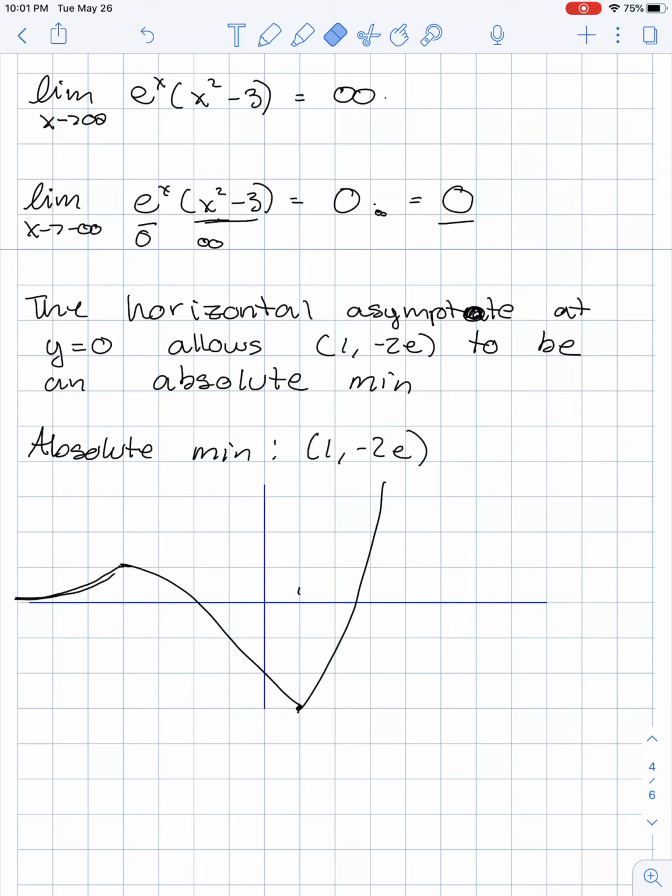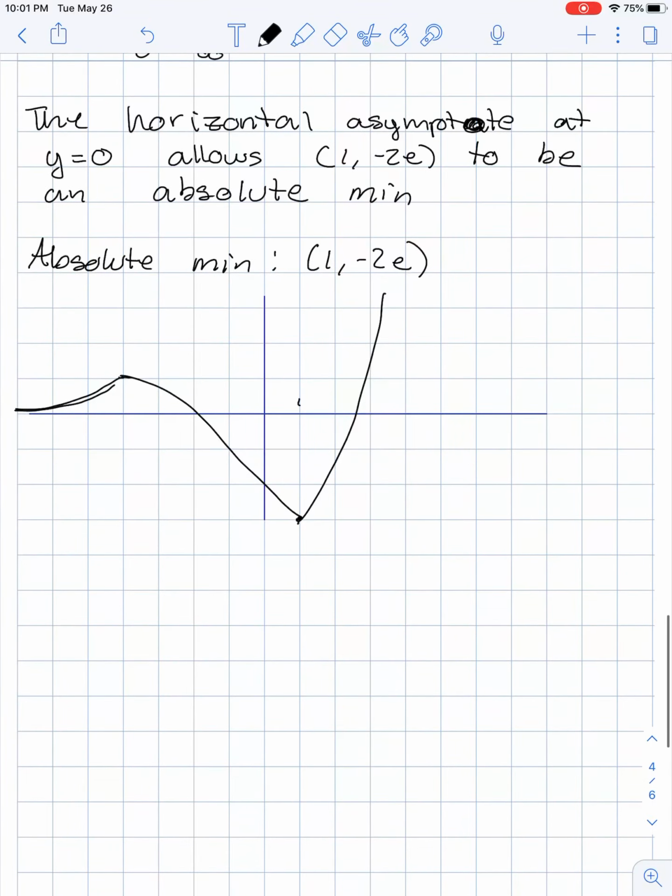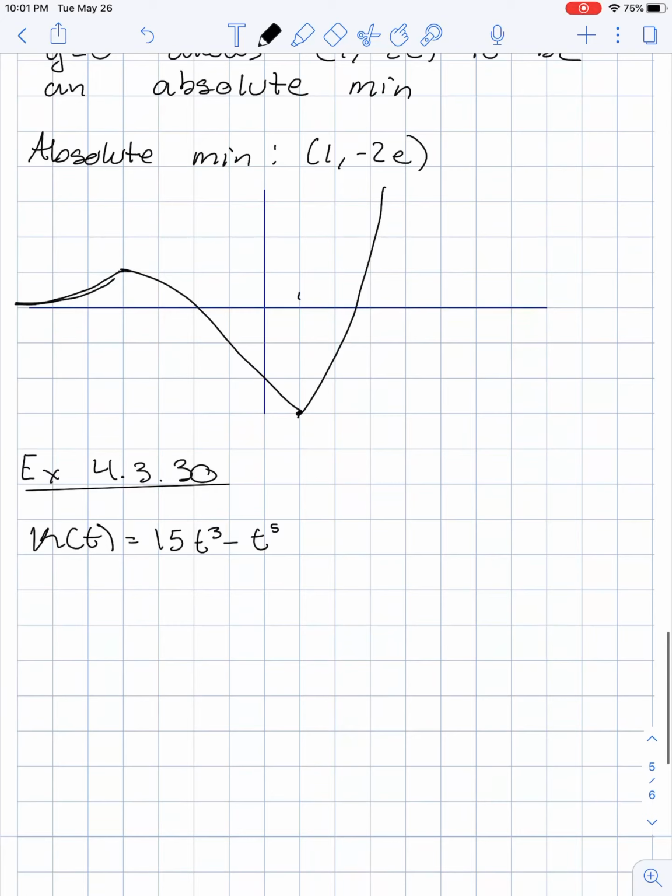So let's do a problem from your textbook. It is problem 30 from this section, example 4.3.30. We're given that k of t equals 15t cubed minus t to the 5th.